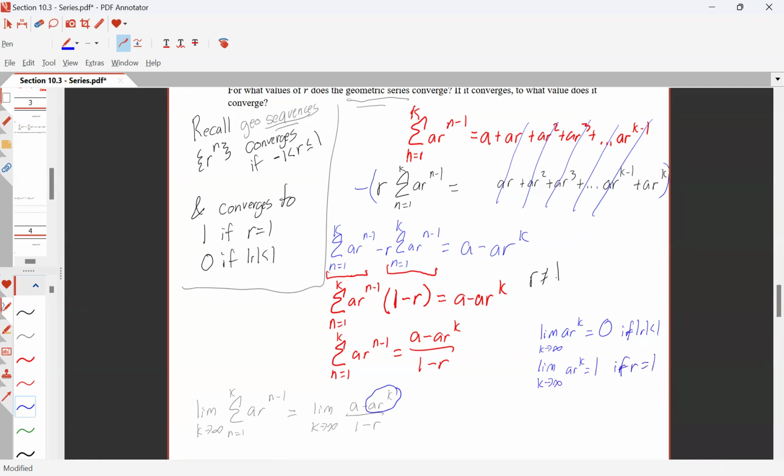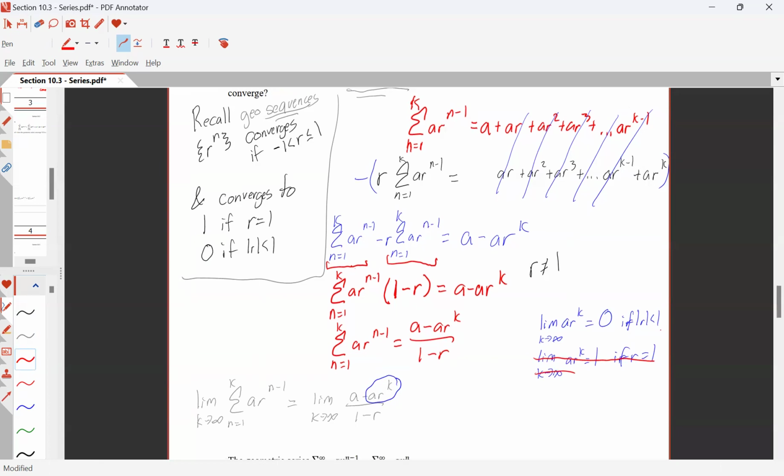But remember, we've ruled that case out. We're saying that one can't happen. And the limit as k goes to infinity of a r to the k diverges otherwise.